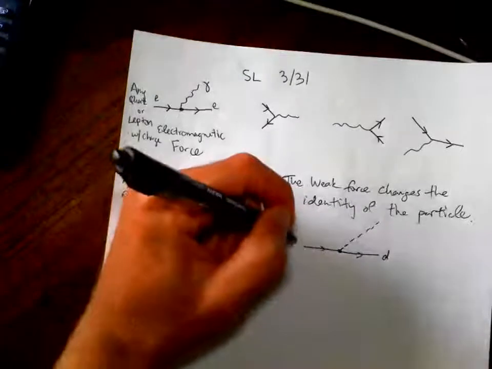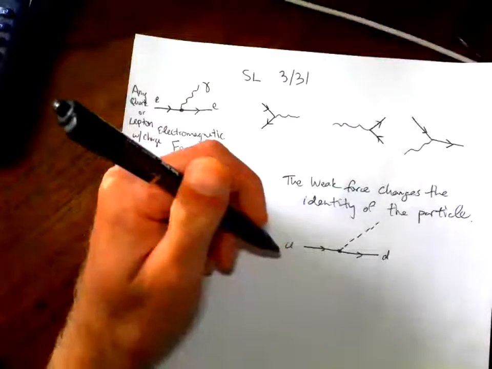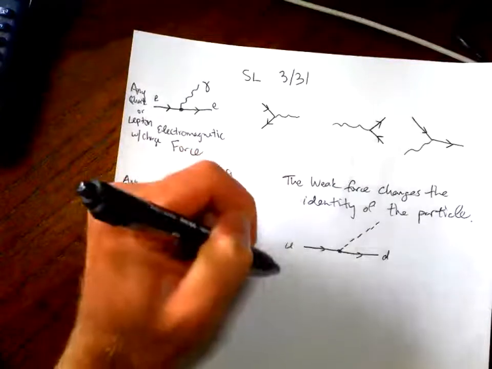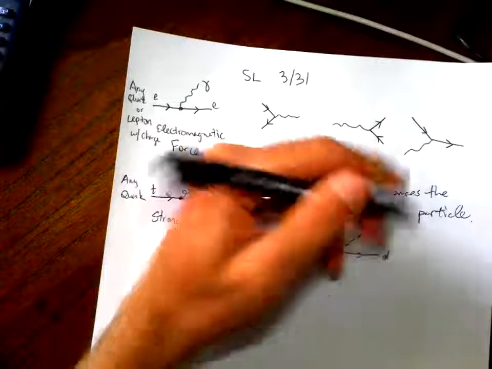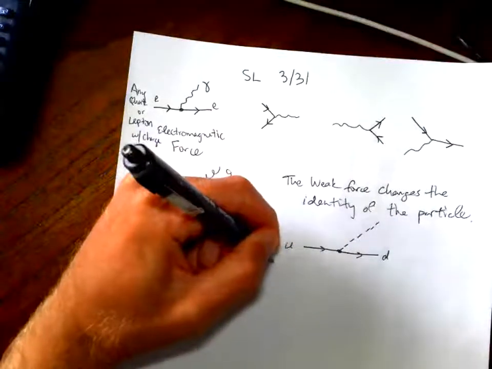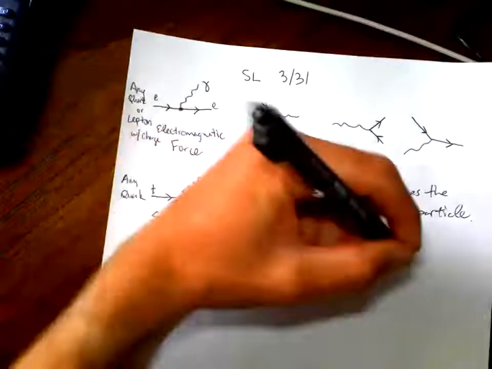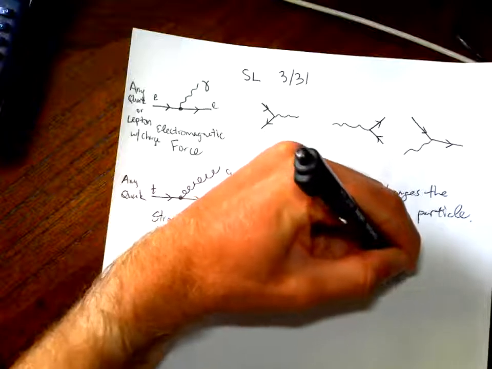Well, we have to use conservation of charge. So the electric charge in the past, which is on the left side of the diagram, has to equal the electric charge in the future. The up quark has a charge of plus 2/3. The down quark has a charge of minus 1/3.